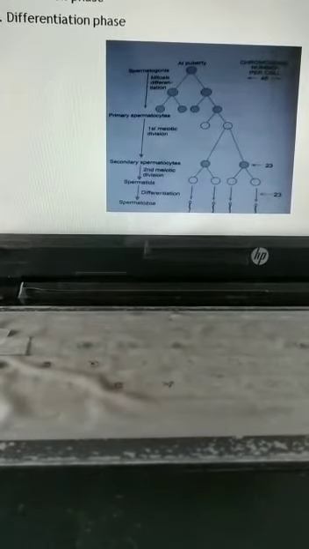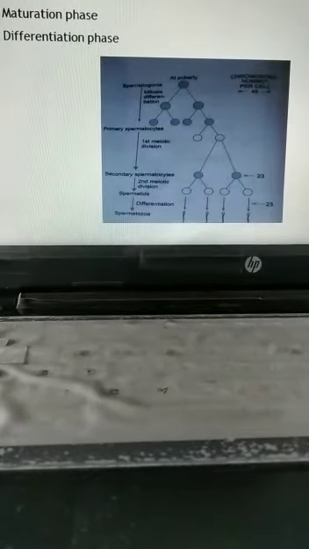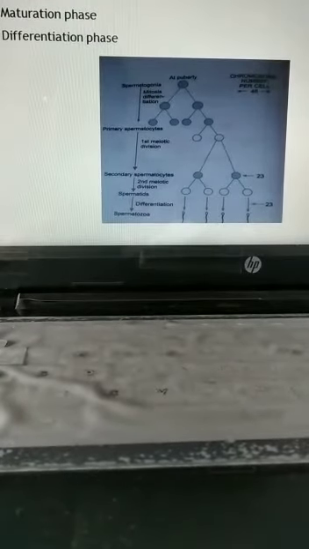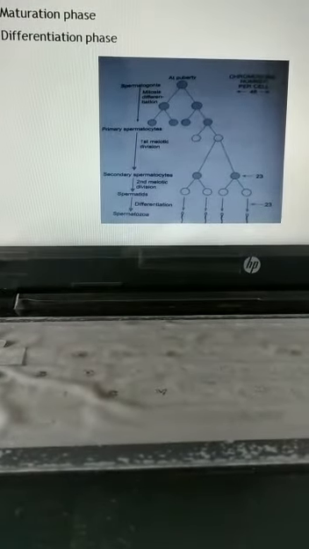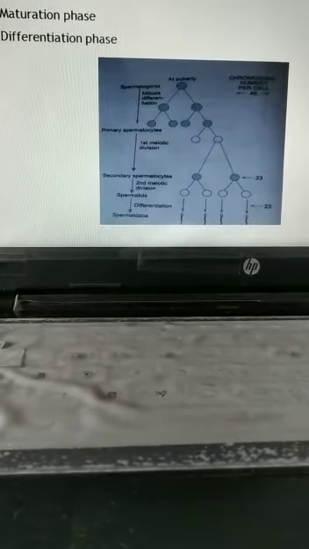They have only 23 chromosomes each. The secondary spermatocytes undergo the second meiotic division to produce 4 equal haploid spermatids.